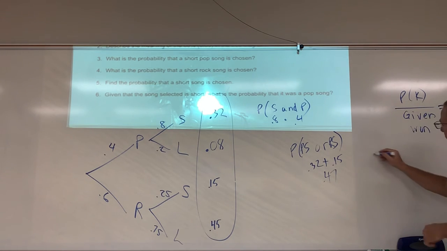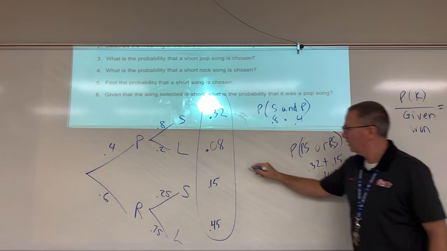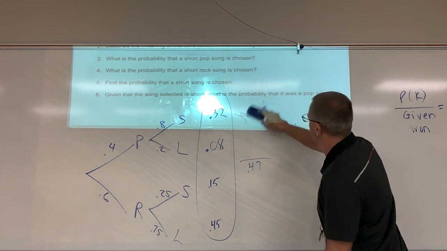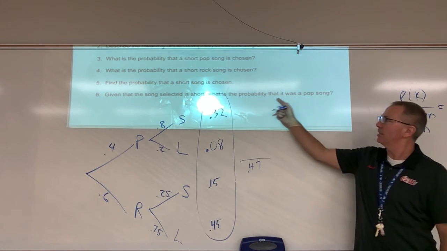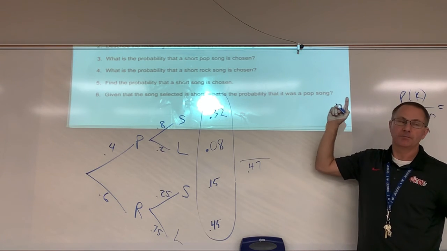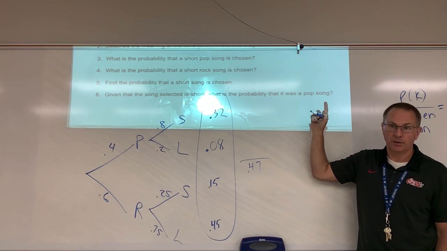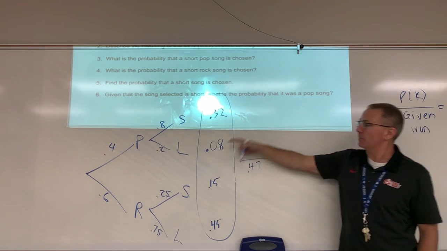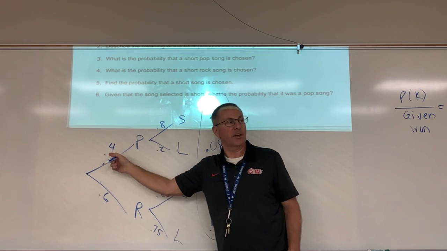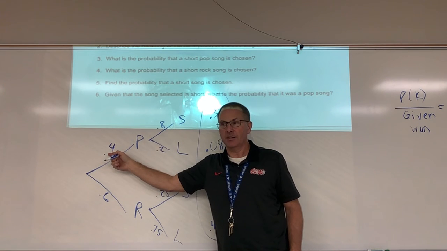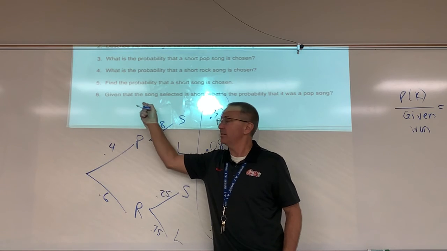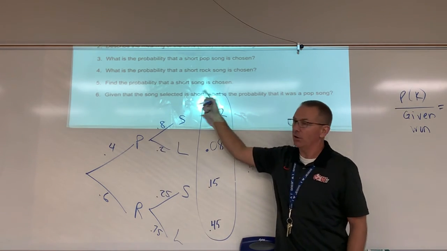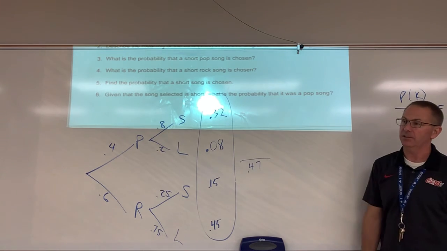So out of the 0.47 probability, now you look at this, the probability that you have a pop song. Now remember, it's attached to the given. The probability of a pop song is 0.4 out of the 1,000 songs, but it's not out of the 1,000. When you attach this given, you're saying, what are the pop songs out of all of the short possibilities? 0.32.